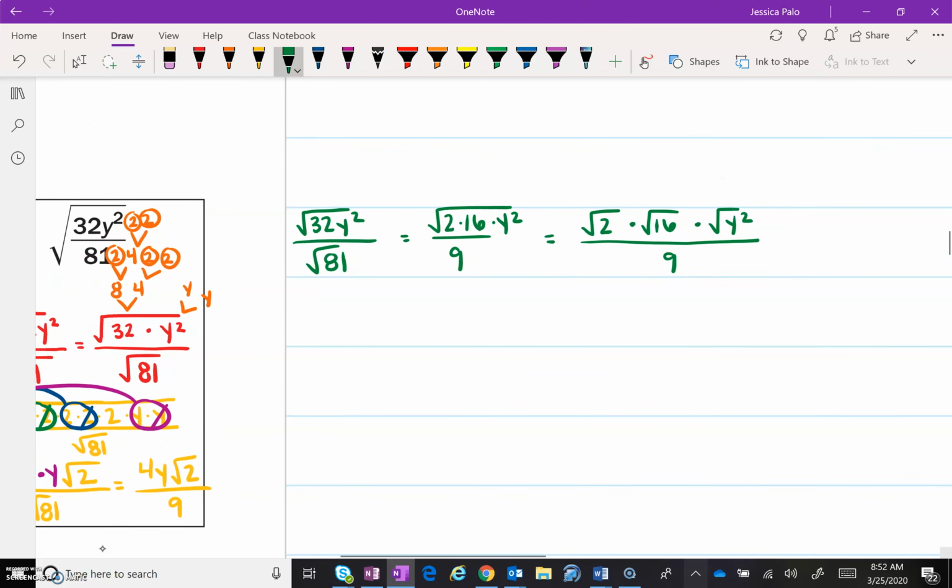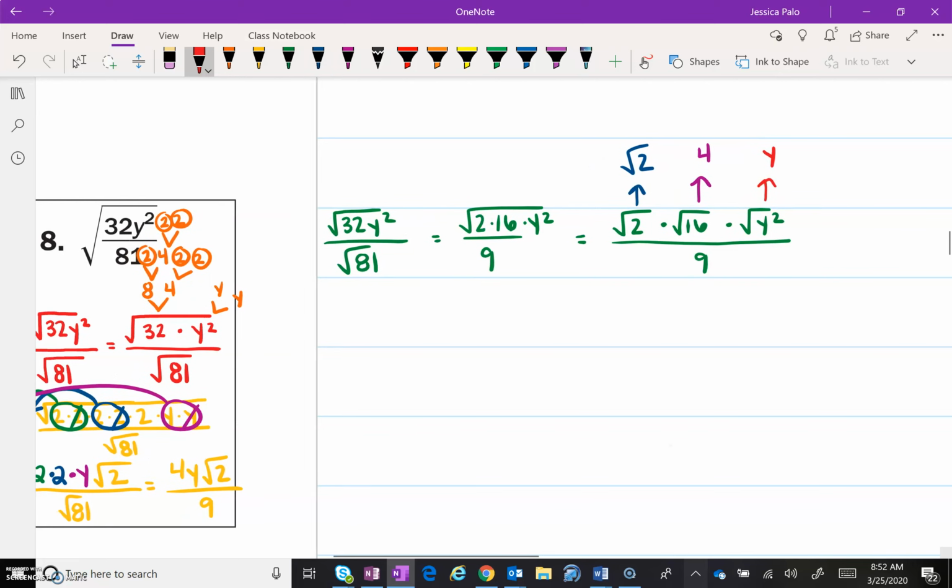Okay. Now, radical 2 stays radical 2. That's a prime number, can't be factored any further. Radical 16, a perfect square, equals 4. And radical y squared, another perfect square, equals y. So we need to use the commutative property to rewrite this in an appropriate order.